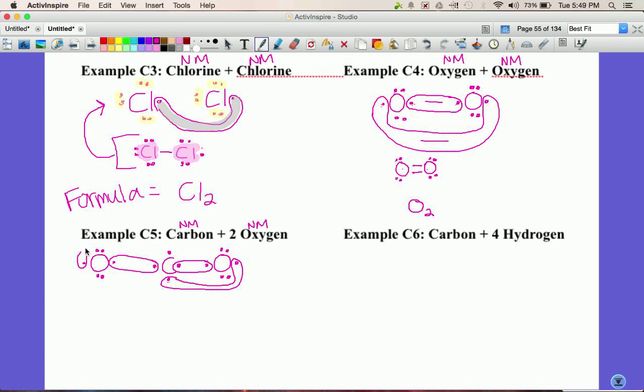And it's going to get a little messy, and that's okay. So, at this point, you have 2 oxygens and 1 carbon. And so what you have is between this oxygen and this carbon, you have bonded twice.